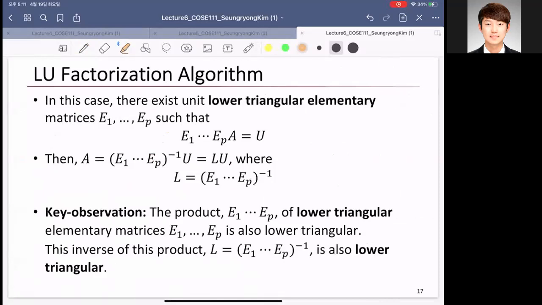So why do these kinds of things happen? First of all, we already know if matrix A is row reduced to the matrix U, there exist elementary matrices E1, E2, and EP, which is the elementary matrix for the interchange.